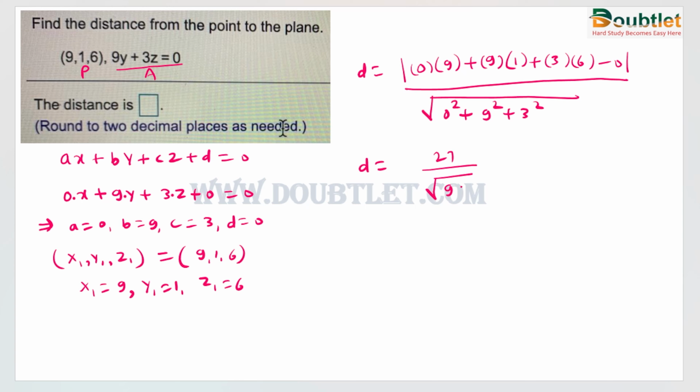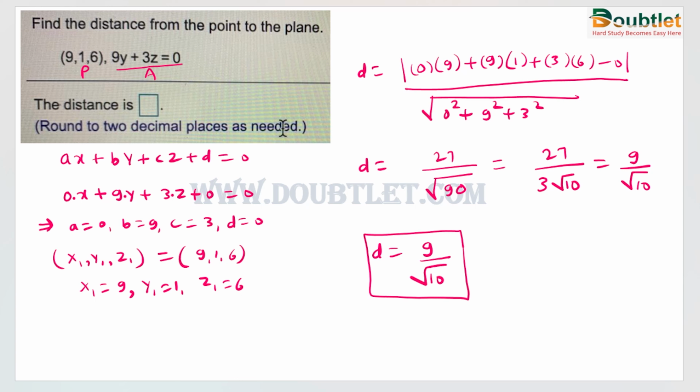81 plus 9, 90. If we solve this, we will get 3 root 10. So this will become 9 divided by root 10. The answer for this question is 9 divided by root 10, or we can convert this to decimal using a calculator.